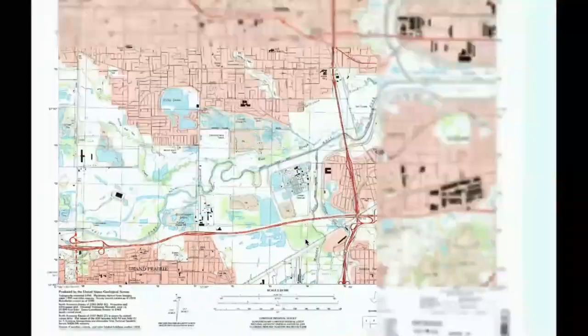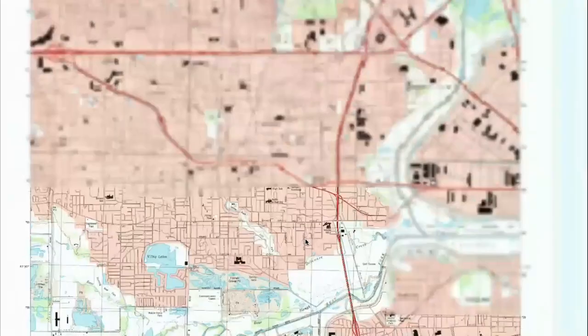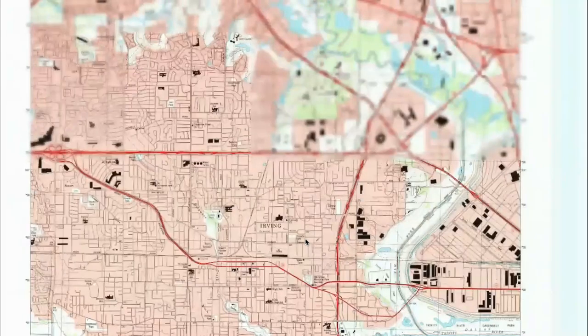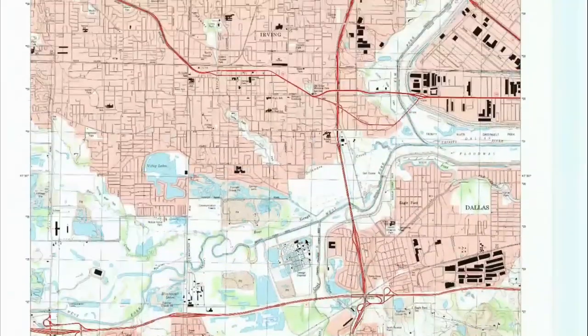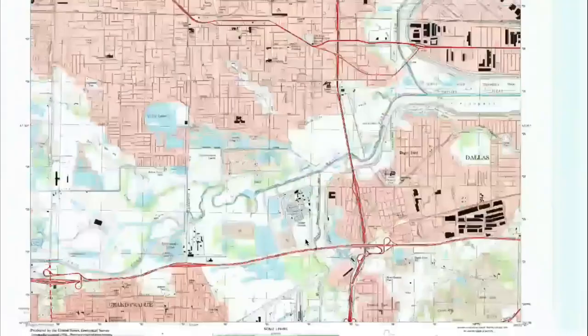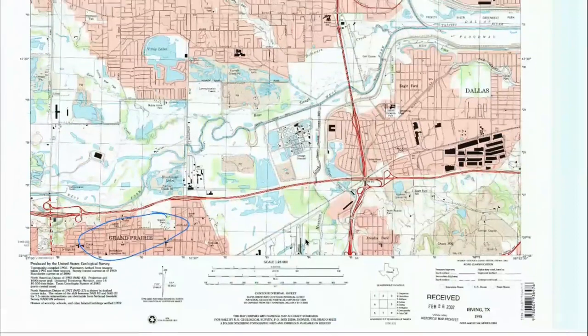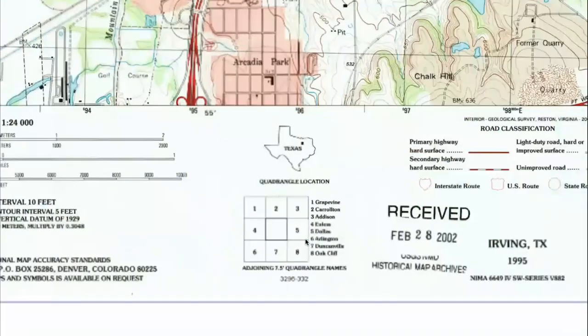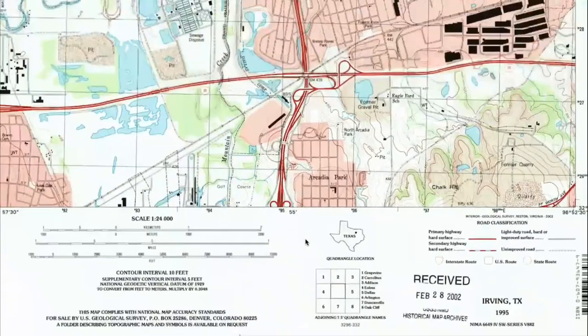The other thing, for this particular map, you're obviously looking at more than just Irving, but also not all of Irving. It's kind of strange the way they mark out where these maps get drawn. So Grand Prairie is on here, and Dallas is also partly on here. So you'll see parts of all of those lovely locations. And just drawing your attention down to the bottom, where are we in the world?